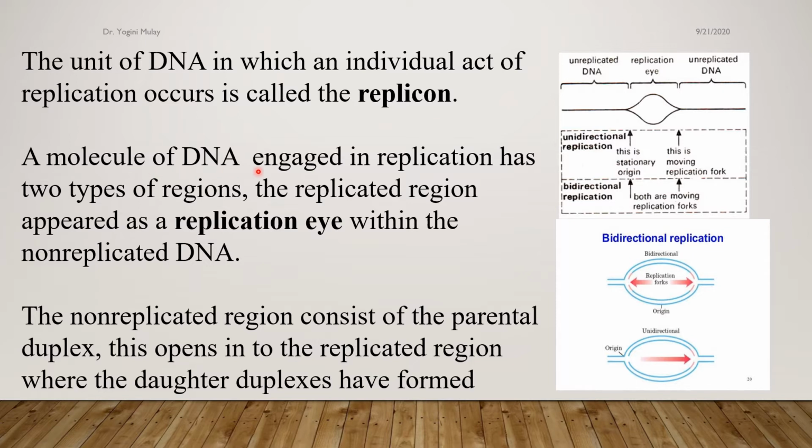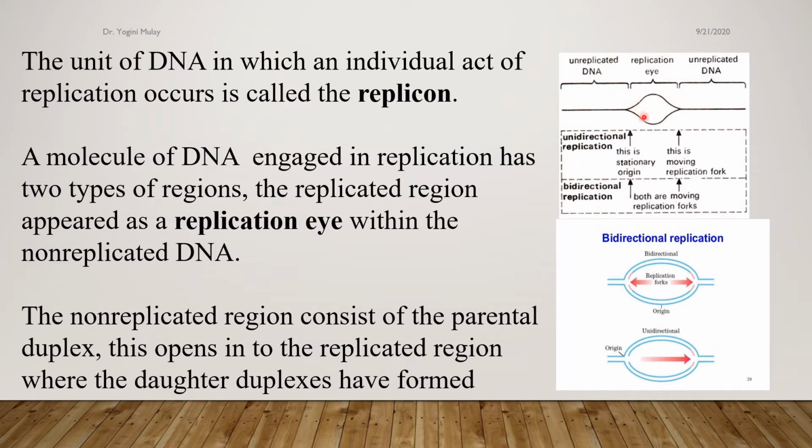A molecule of DNA which engages in replication has two types of region. Now, which are these two types of region? See, this is the molecule of DNA which is involved in the process of replication. Now here we can see two types of region.